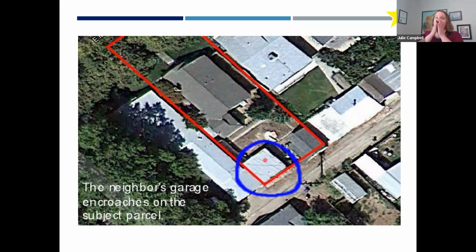Encroachments are bad because they negatively affect both tracts of land. Questions on encroachments? Other examples, we talked about the fence, this building here, maybe the shed, for example.